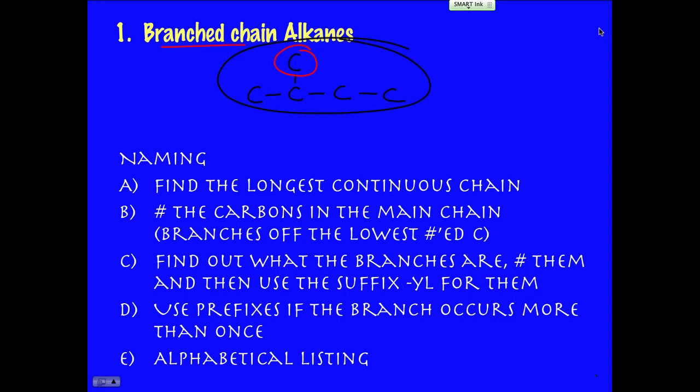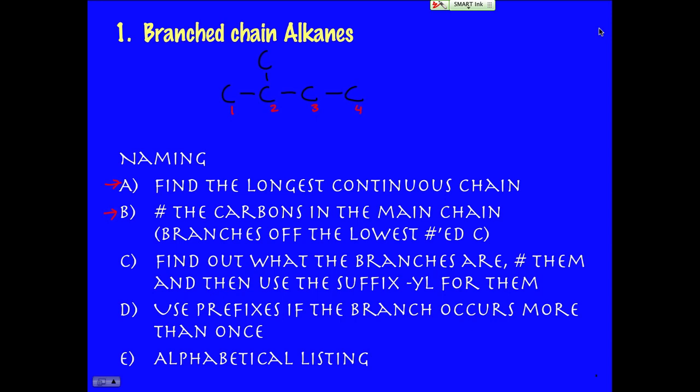All right, so here's my branch. Let me just kind of clean this up, and I'll do the exact same one, but I'll clean it up a little bit. So here's my carbon chain with a branch off of it. The rule says find the longest continuous chain. Well, I'm going to do that and number the carbons in the main chain. 1, 2, 3, 4.